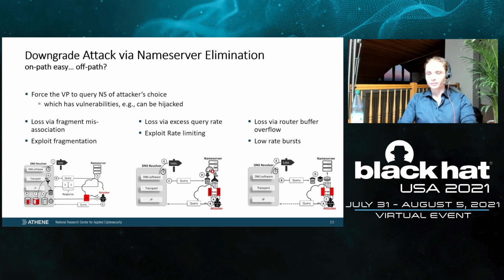The other technique, loss via excess query rate, exploits rate limiting on name servers. It is illustrated in the middle here on the slide. The adversary sends multiple requests to the target name server using a spoofed IP address, this time of the victim resolver. Now the rate limiting on the name server starts filtering of the incoming packets. The adversary issues a request for a certificate from Let's Encrypt.